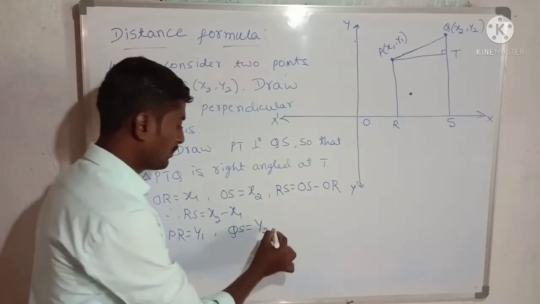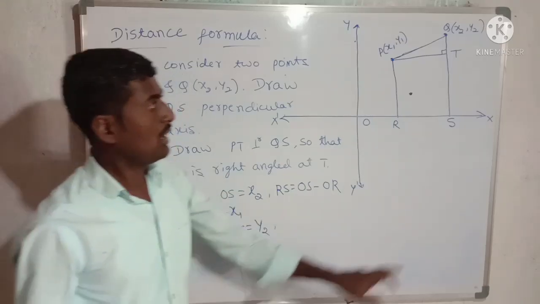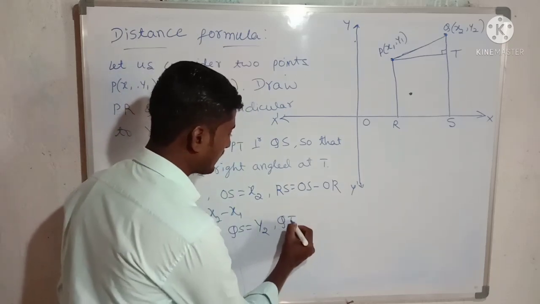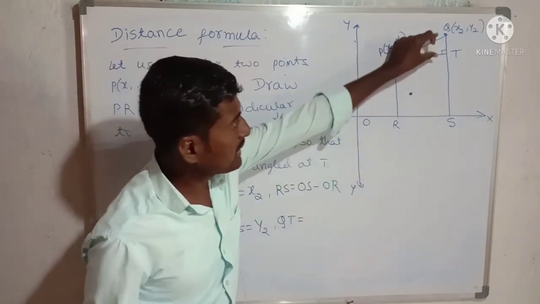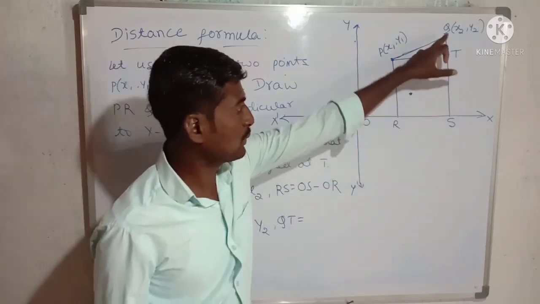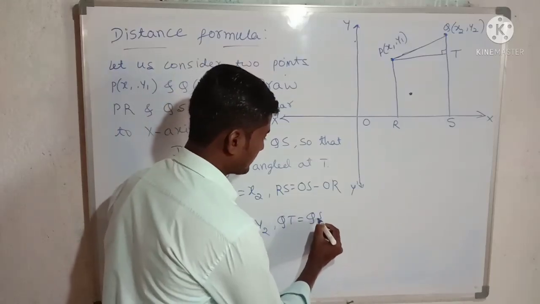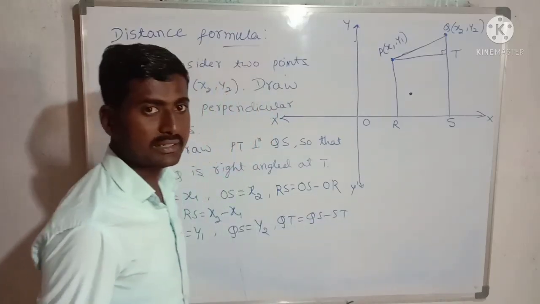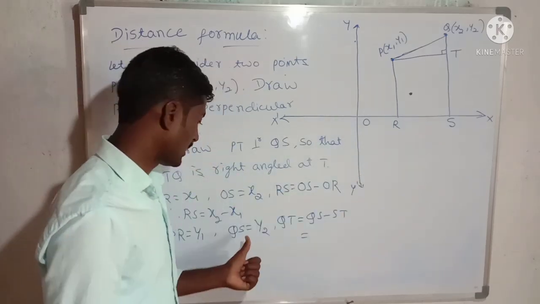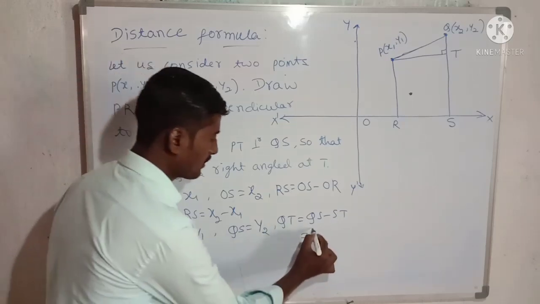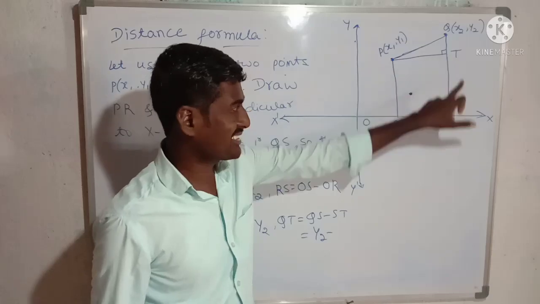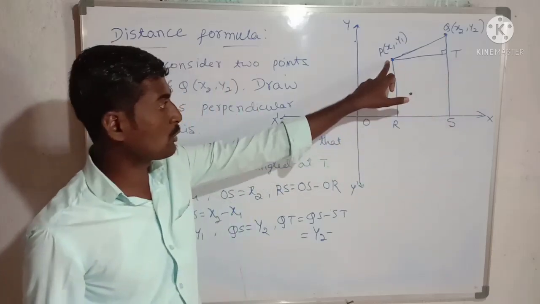Now one more. How can I find QT? QT is nothing but QS minus ST. Now QS minus ST. QS we already got, that is y2 minus ST. See here, by construction ST must be equal to PR.